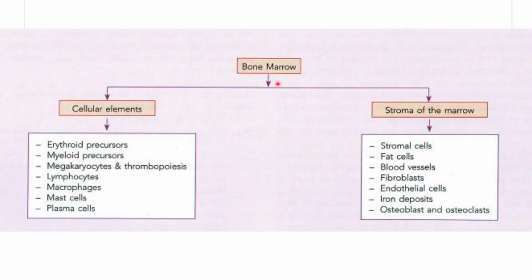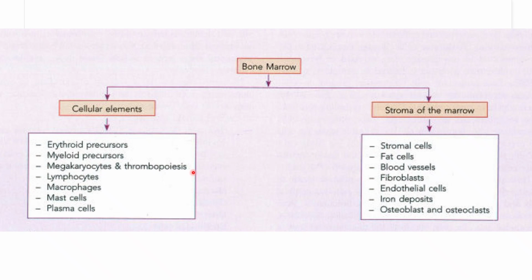So let's get a basic understanding of what all components are there to a bone marrow. First, we have the cellular elements and we have the stroma. The stroma is basically the supporting tissue. In the cellular components, there are erythroid precursors, committed to the production of RBCs, myeloid precursors that are committed to the production of the myeloid series of cells, megakaryocytes and thrombopoiesis.